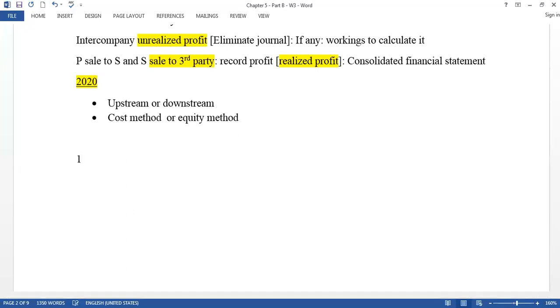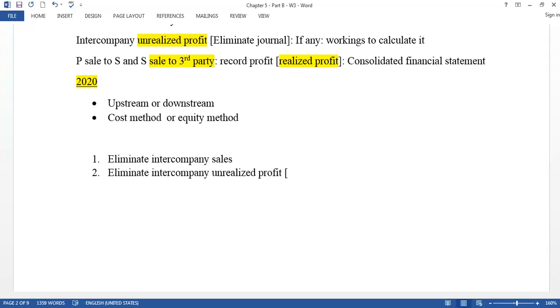Maybe the first journal entry is to eliminate intercompany sales. Then eliminate intercompany unrealized profit.